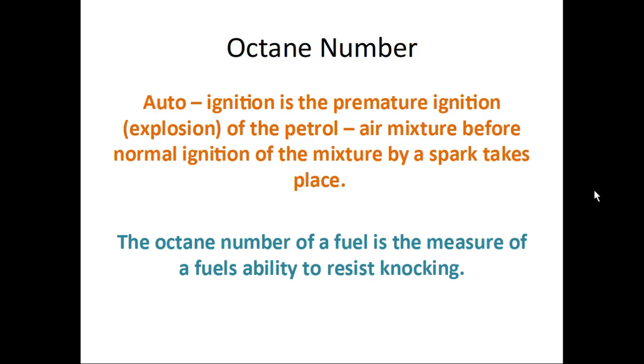From there, what we're focusing on now is the octane number. The octane number of a fuel is a measure of its ability to resist knocking, so its ability to not allow this auto ignition to happen. Those are two important definitions, and it's the octane number we're going to focus on now.